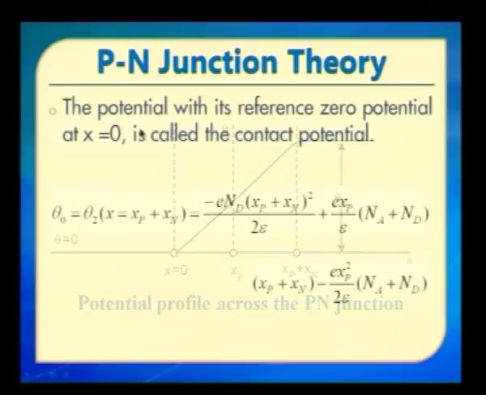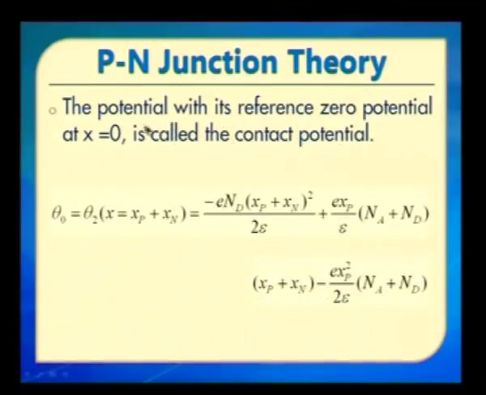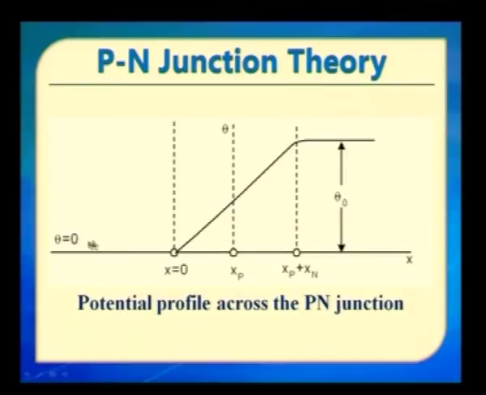Okay. What we saw in the last lecture is the potential with its reference zero potential at x equal to 0. You see here the potential is 0 for all points x equal to 0 or x less than 0. After the depletion region the potential is theta naught; it has overcome a potential of height theta naught.